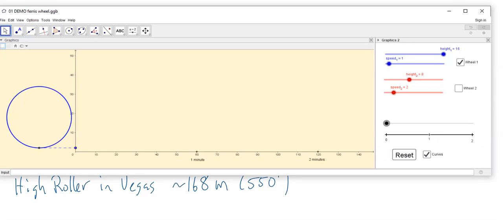And right now it's at 1 revolution in a minute. How many do you want it to be? 4. How is this going to change the graph? You can picture that. So it's going to do 4 revolutions in 1 minute.